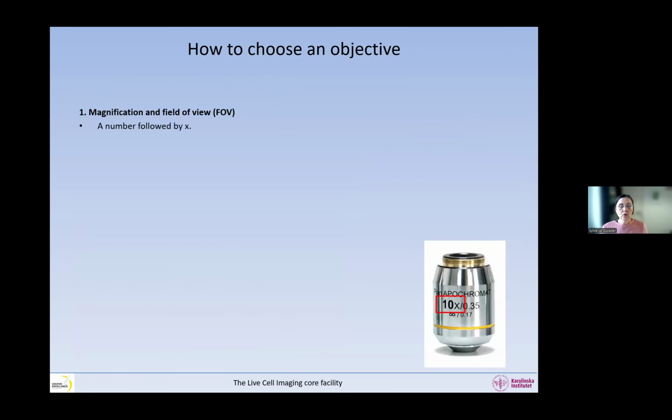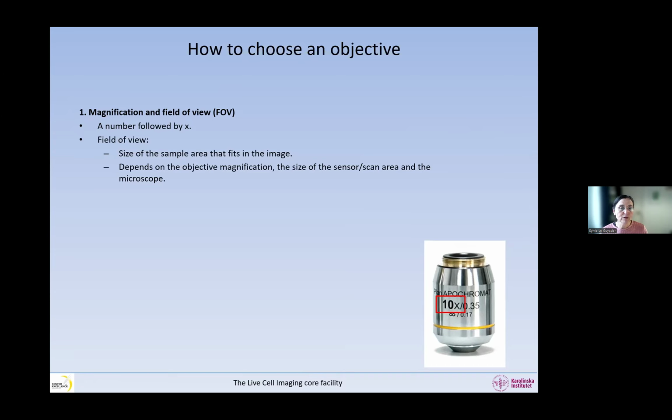So let's go through the different specifications of objectives so that we see what we have to consider when we choose an objective. One of them clearly is the field of view and the magnification. So that's the one we think about straight away. And that is always written on the objective. It's a number followed by an X. And this is true for all manufacturers. So this determines the field of view. What is the field of view?